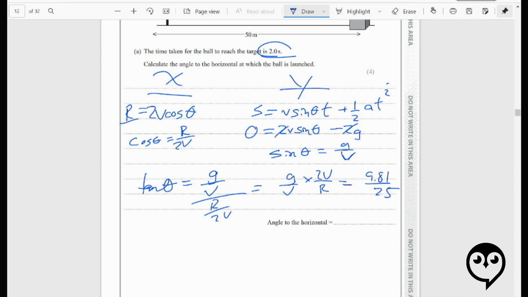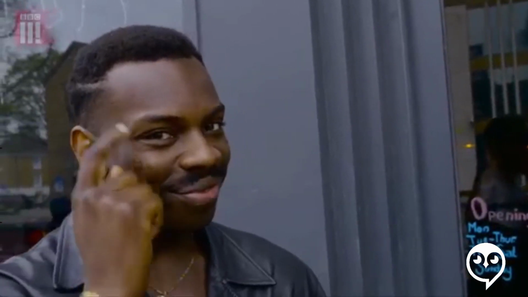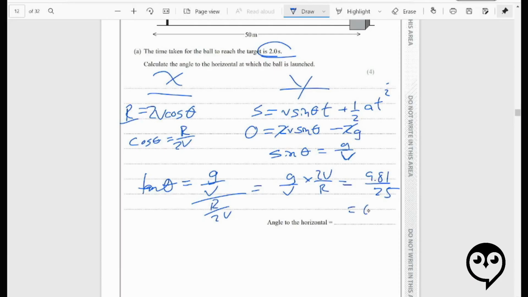And see, this is why you wait until the end to do all of your substitutions, because things will cancel out for you quite nicely from time to time. I get that to be 0.3924, and if you do the inverse tan or arctan of that, then what you get is 21.4 degrees. How did you do?